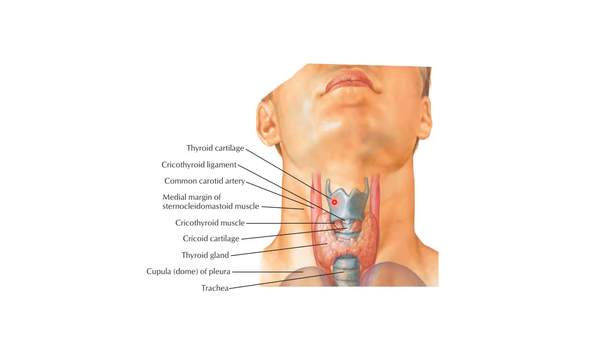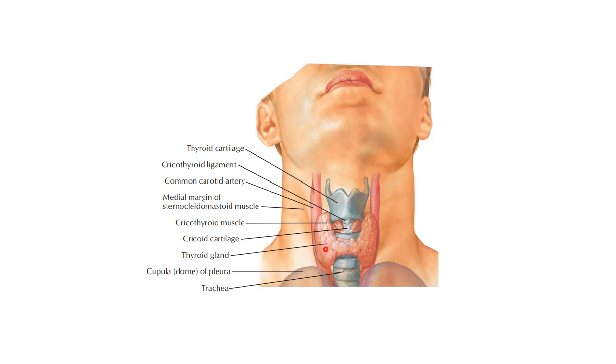This would be your right lamina of the thyroid cartilage. This would be the left lamina of the thyroid cartilage, and it will fuse in the midline to produce your laryngeal prominence or Adam's apple in the males.